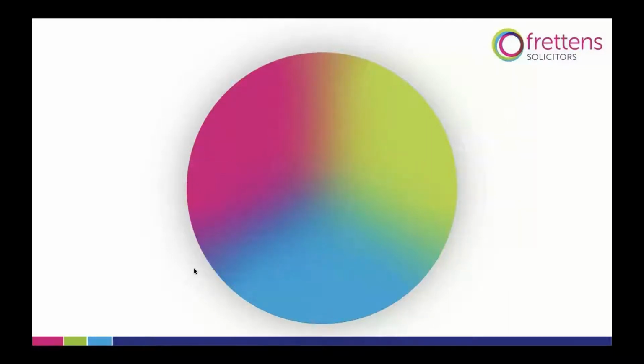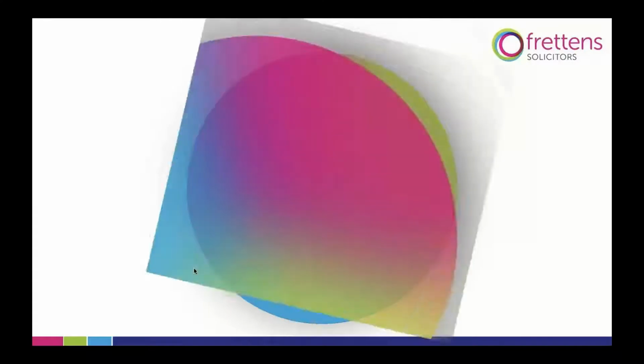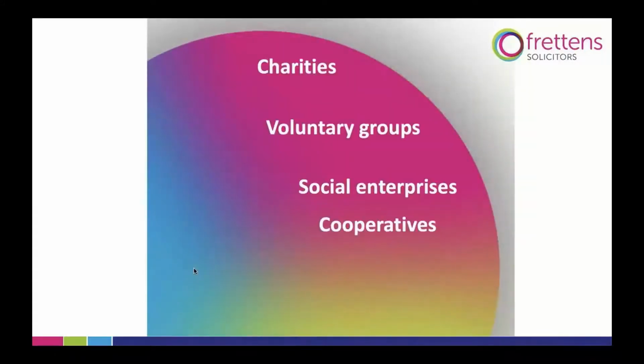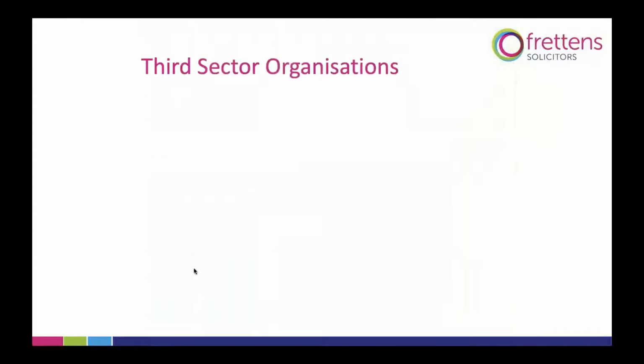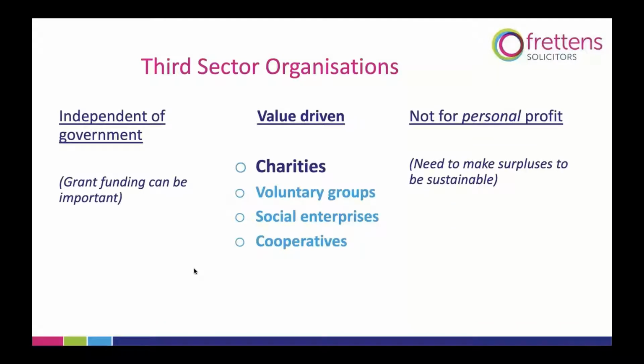So let's have a look at the third sector in a little bit more detail now and see what we have there. Not only do we have charities, but we also tend to have other not-for-profits, voluntary groups, social enterprises and cooperatives, which are all examples of third sector organisations.